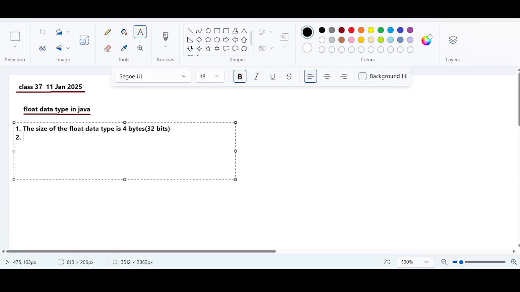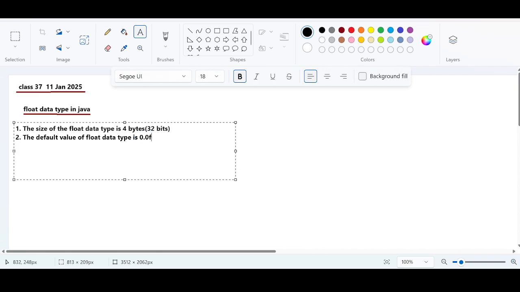The second point is the default value. The default value of the float data type is 0.0f.